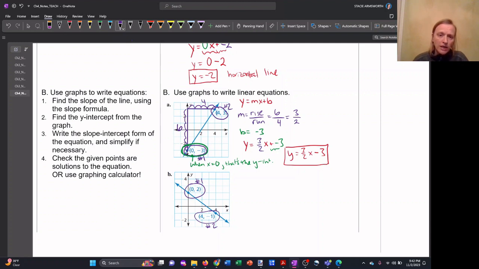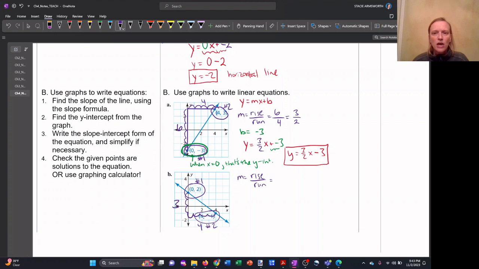So here I go down 1, 2, 3, 4. Oh, only 3 units. I go down 1, 2, 3 units. And then I go right 1, 2, 3, 4 units. So down 3, right 4. So to calculate my slope, remember slope is rise over run.